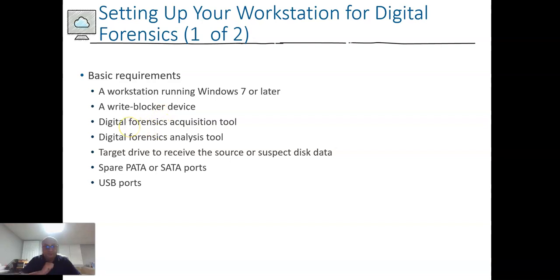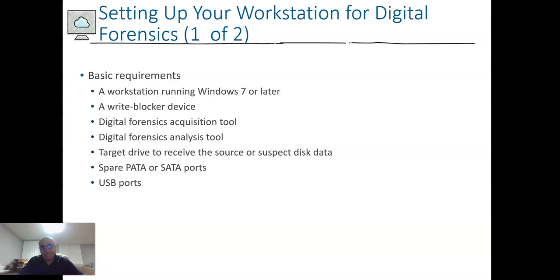Digital forensics analysis tool: any software that allows you, when you have evidence and data from computers, to show you if there is any suspected data. A target drive, which receives the source. When you have data coming from the computer, you want somewhere to store it, called a drive.